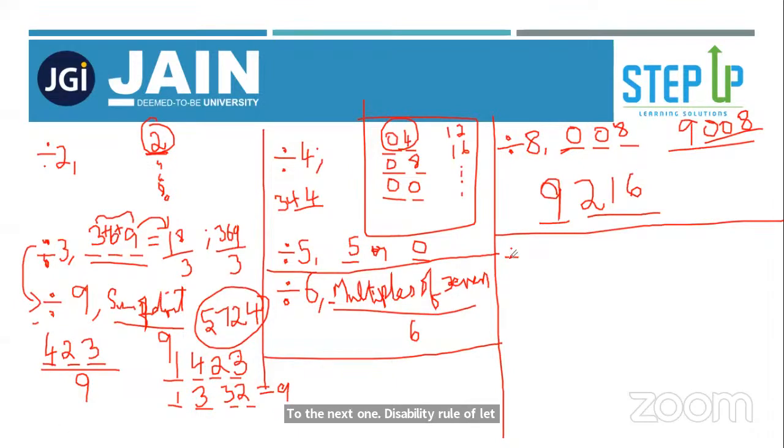Very easy. How to say the number is divisible by 10? Yes, the last digit should be 0. That's all. Ends with 0. Yes, that's very small.